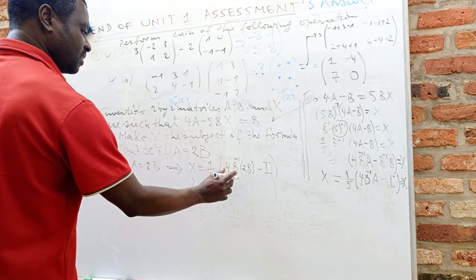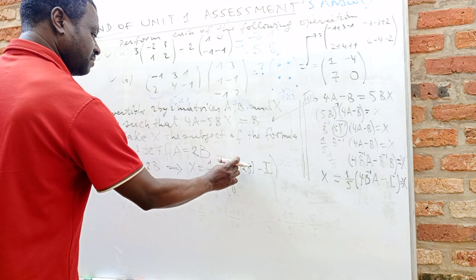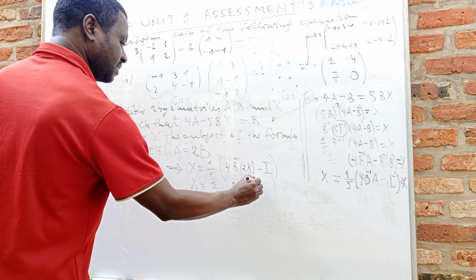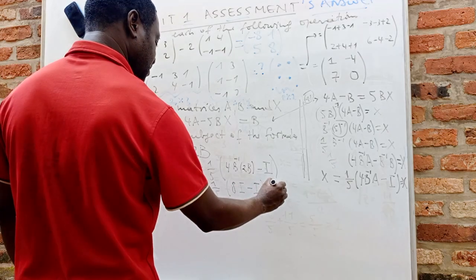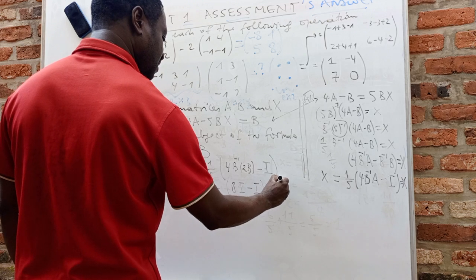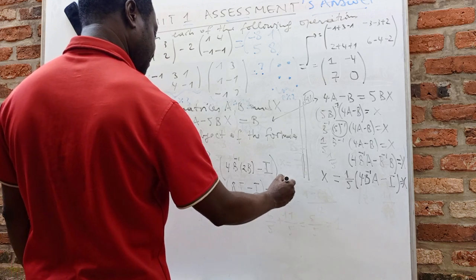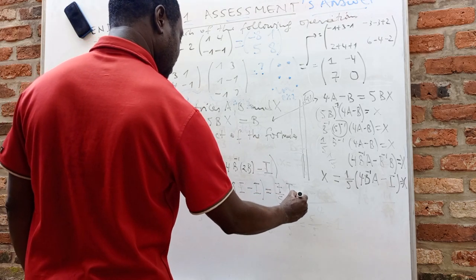Then here the scalar commutes, so 8 times B inverse times B is the identity matrix, minus the identity matrix. So the difference is 7. Then you have 7 over 5 times the identity matrix.